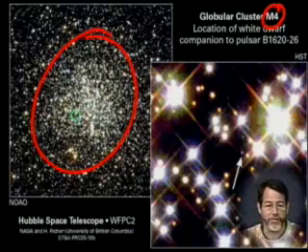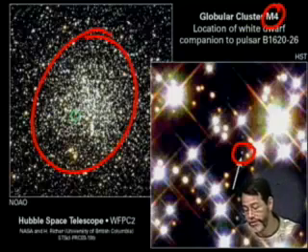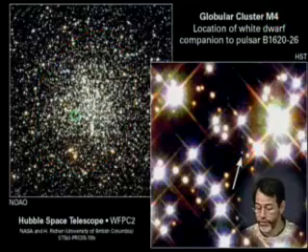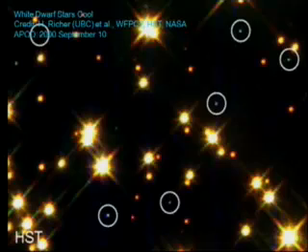The brightest stars they have are the red stars. But even dimmer than your average red star, there are many white dwarfs in globular clusters. And so by their brightness and temperature, they were able to pick out which ones were the white dwarfs. And here is one right there, pointed to by the arrow. So here's another one. This is a globular cluster, and there are lots of white dwarf stars here found by the Hubble Space Telescope.